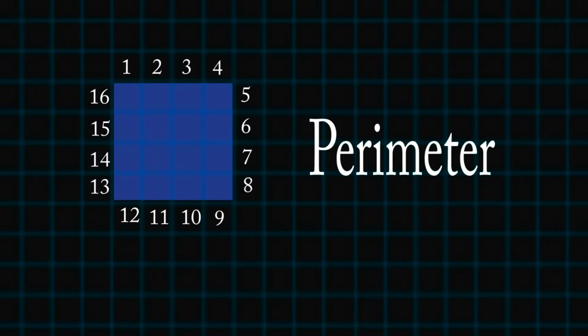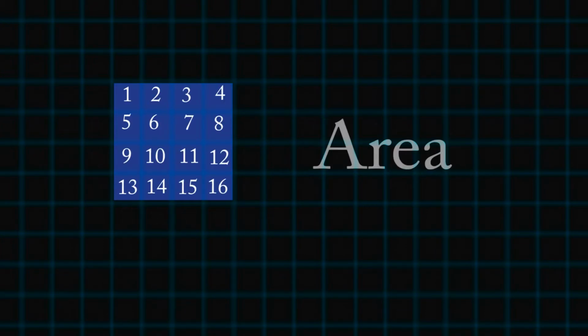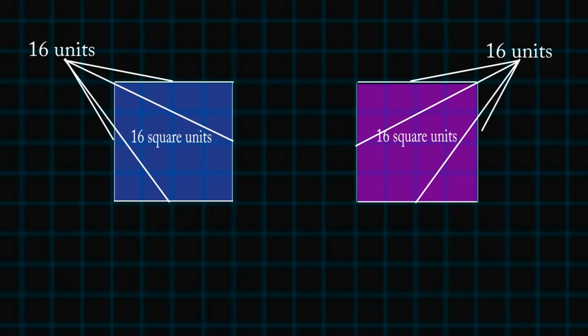The perimeter of this square is 16 units. It also has an area of 16 square units. A congruent square, like this one here, has an equivalent area and an equivalent perimeter.